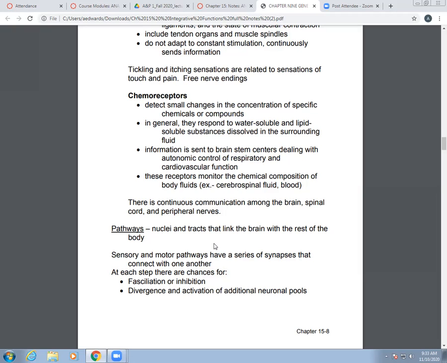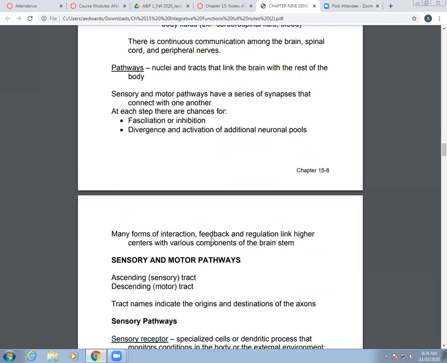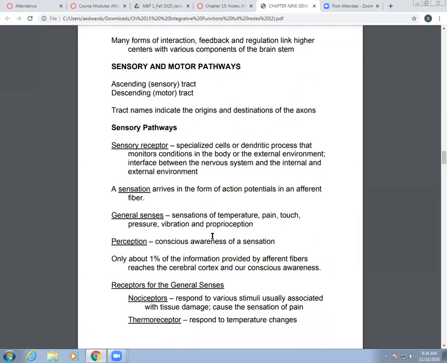At each step, you get opportunities for facilitation or inhibition. You have opportunities for divergence, and we'll talk more about what that is, and activation of other neuronal pools, or pools of neurons. Many forms of interaction, regulation, and feedback connect higher centers with other parts of your brainstem.